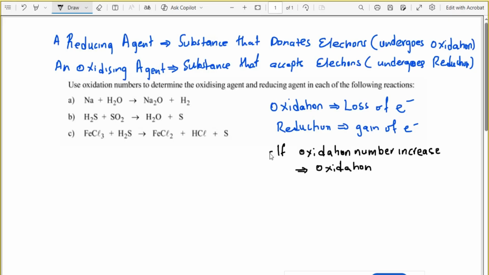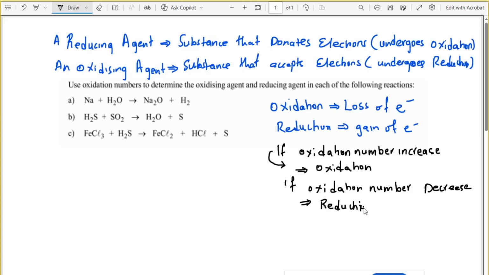So if an oxidation number increases, that's oxidation. And if an oxidation number decreases, then reduction occurs, okay? So this will be reduction. You'll see how this works.